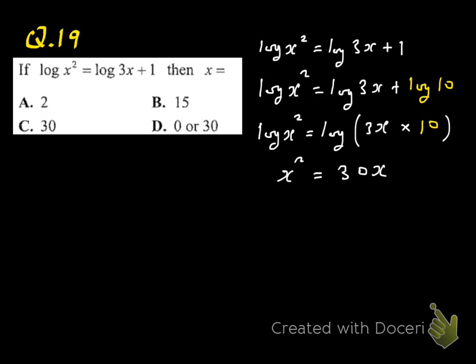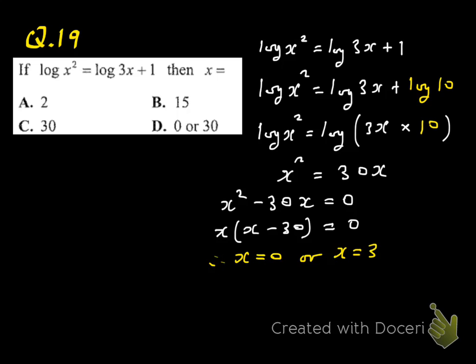Now be careful here, don't cancel out the x. Okay, factorize. So here, x is either equal to 0 or x equal to 30. Now by looking at this, we might think of option D. But think again, we're talking about the log.